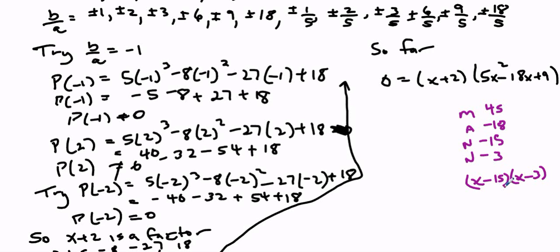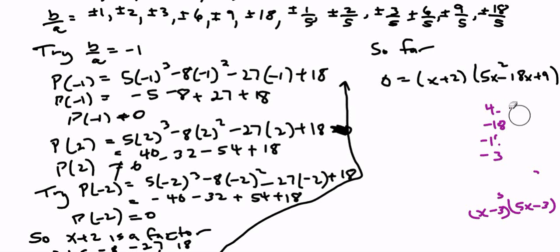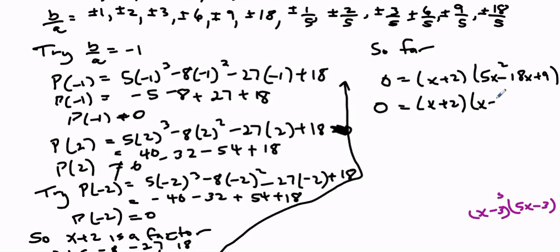I bring down my 5 and reduce my fraction, so I've got x minus 3 and 5x minus 3. Okay, I'm just going to erase that. Okay, go back to my color. So this is going to be 0 equals x plus 2 times x minus 3 times 5x minus 3.